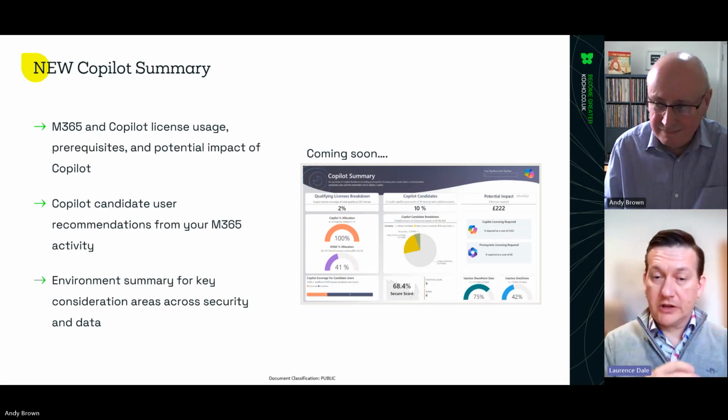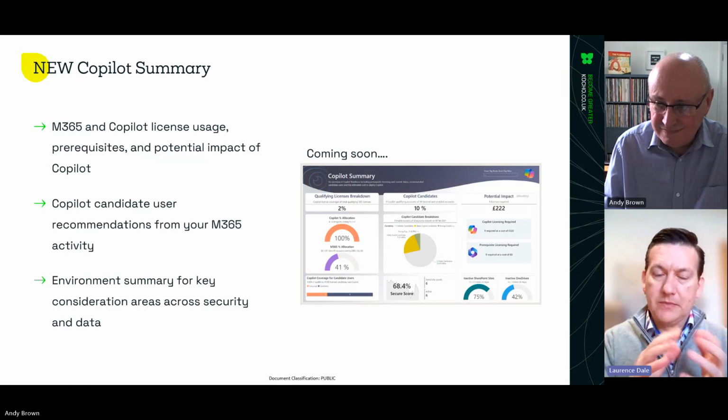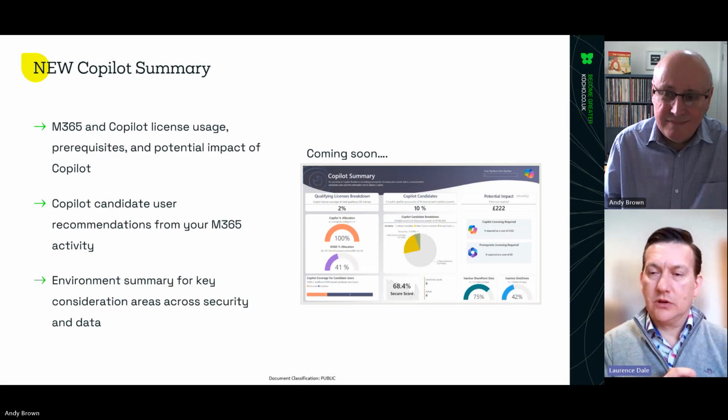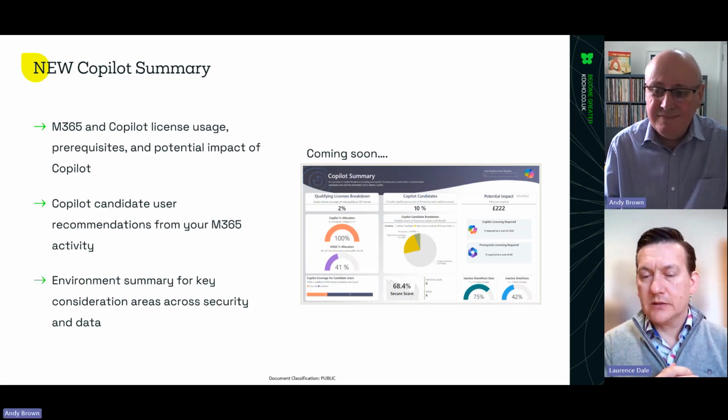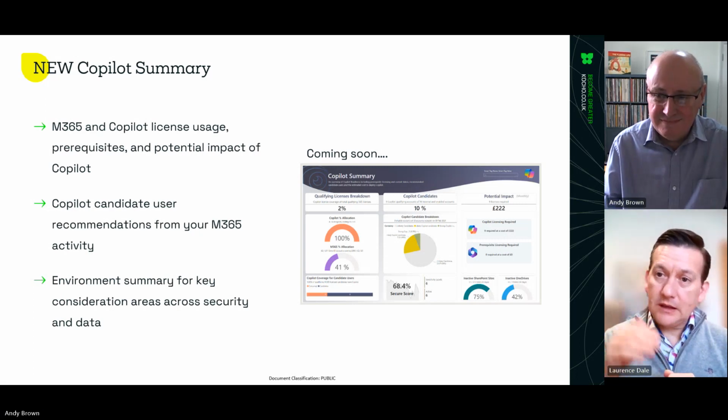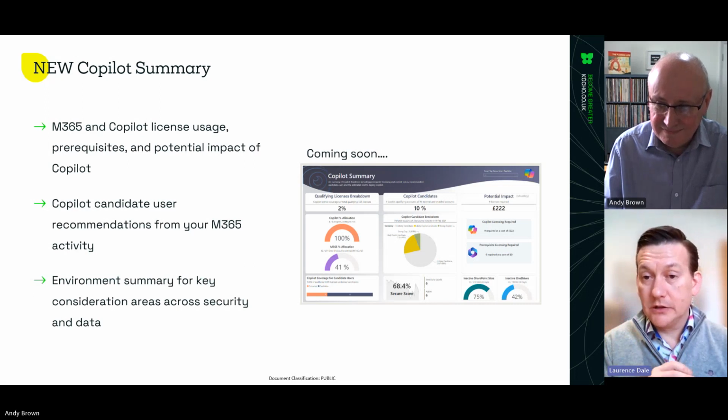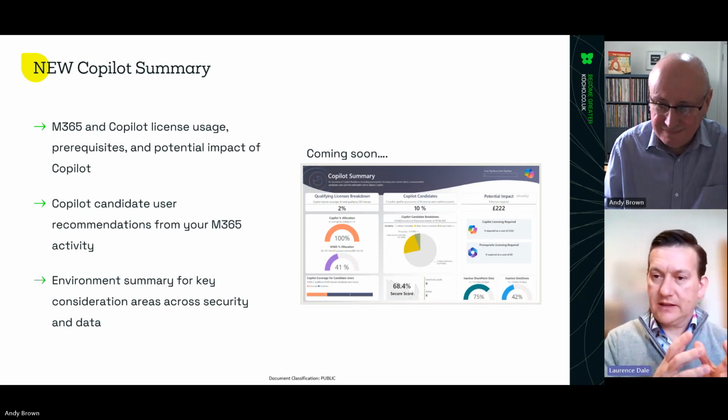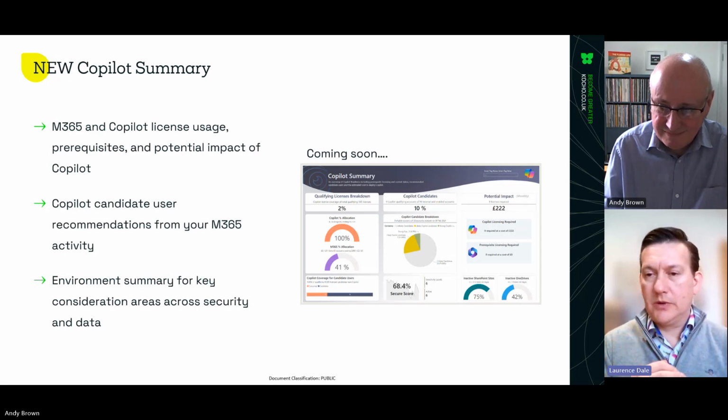The tool, we're only showing you the summary screen here, but the idea is to help you with that readiness framing, look at the environment tenant-wide for those key pillars, and get guardrail indicators that Microsoft have laid out, allow you to analyze on a per candidate user basis. And then once allocated, we're also looking at the usage of that SKU. It's an expensive SKU. Are we getting value from it?